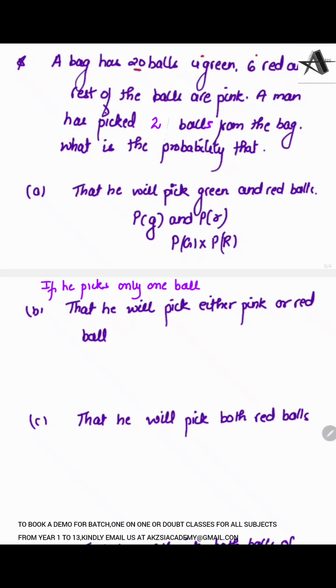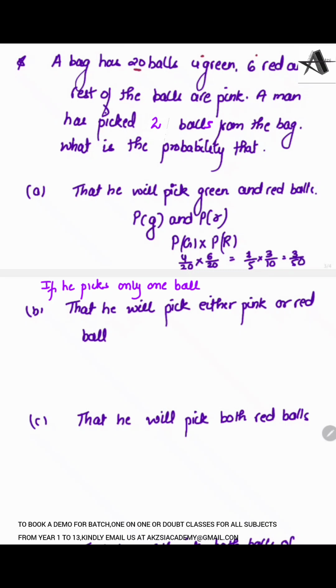There are 4 green balls out of 20, so 4 over 20, times picking red, 6 out of 20. If you simplify it, you'll get 1 over 5 times 3 over 10, which is 3 over 50. That is the probability.